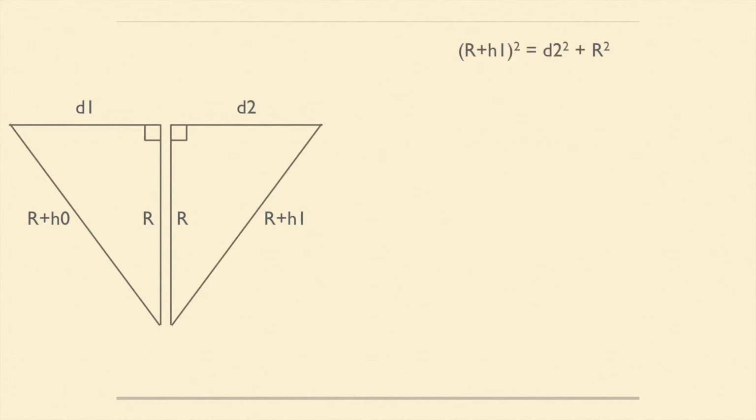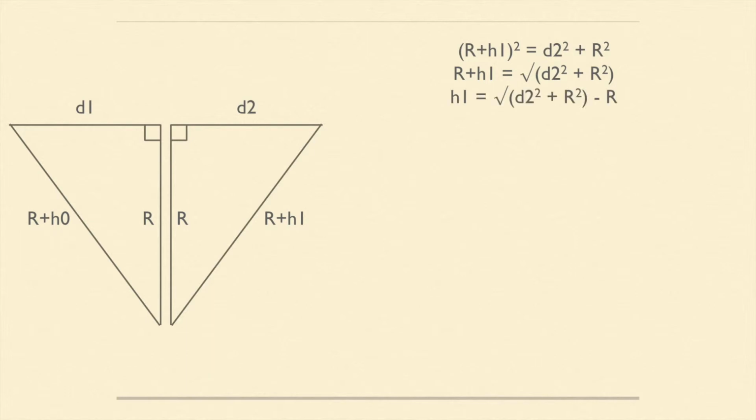So we start by finding an expression for h1, which is the target hidden height and the thing we ultimately want to find. So we use the equation from the second triangle. We take the square root on both sides. So on the left side we have r plus h1. On the right side we have the square root of everything on the right side.